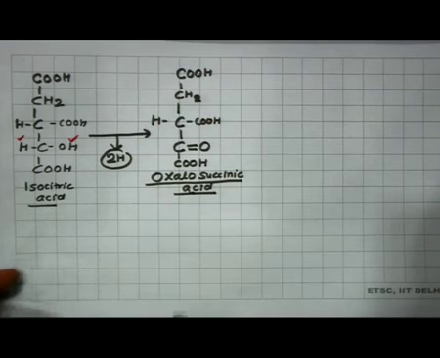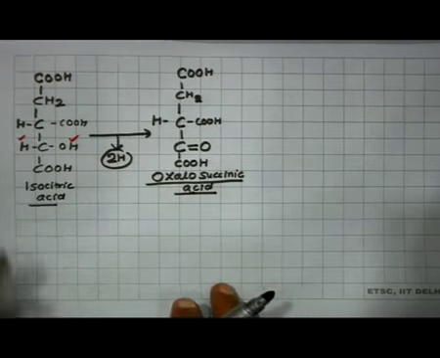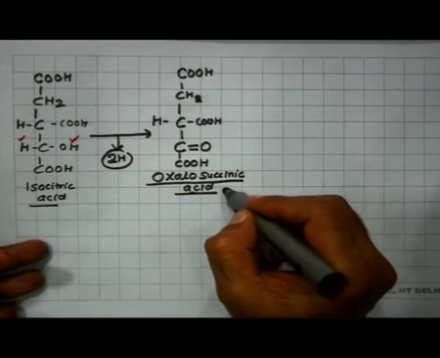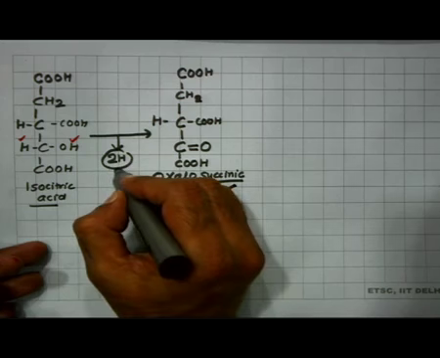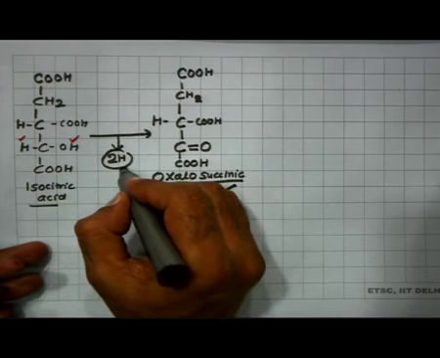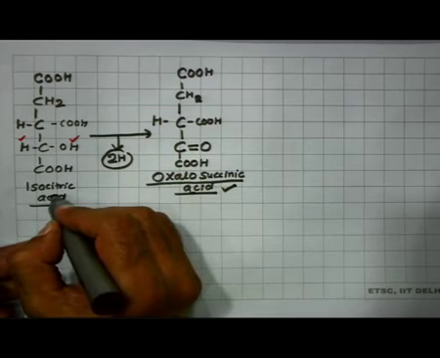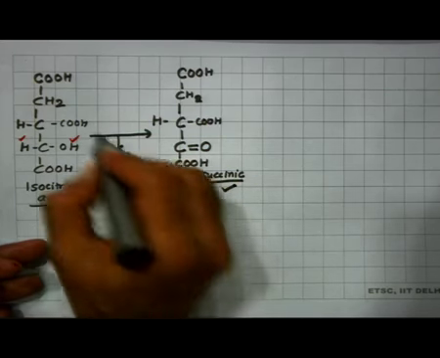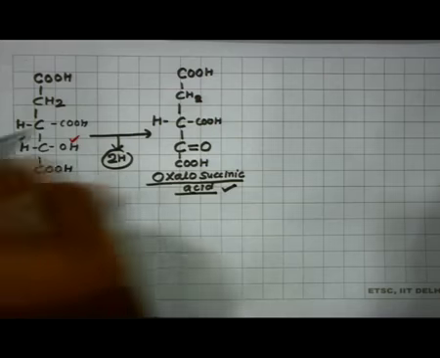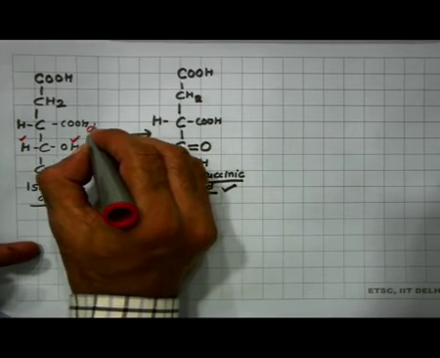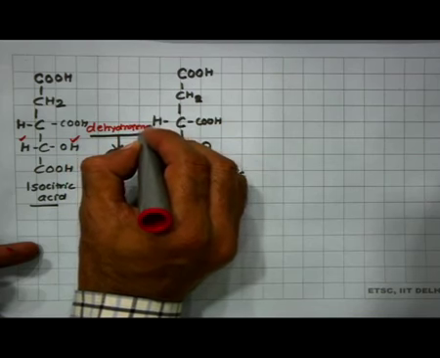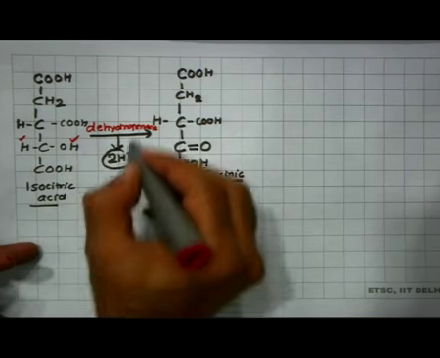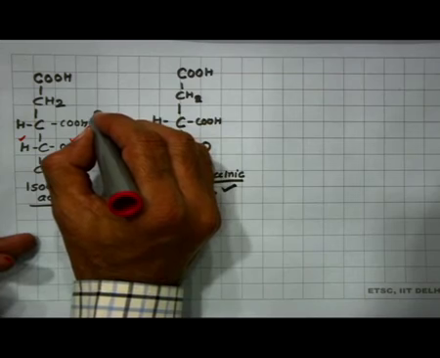So, without any problem you may write the formula of oxalosuccinic acid by knowing from where these 2 hydrogen are going to be removed. So, removal of hydrogen from the isocitric acid is called dehydrogenation. The enzyme involved here is dehydrogenase, involved with isocitric acid.